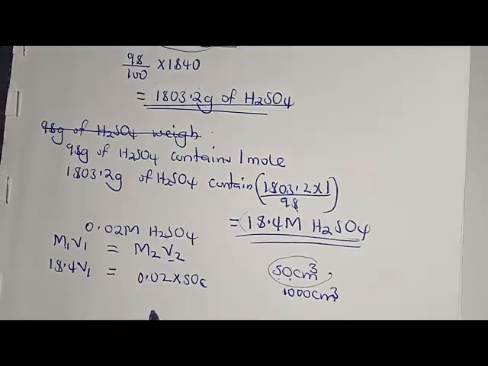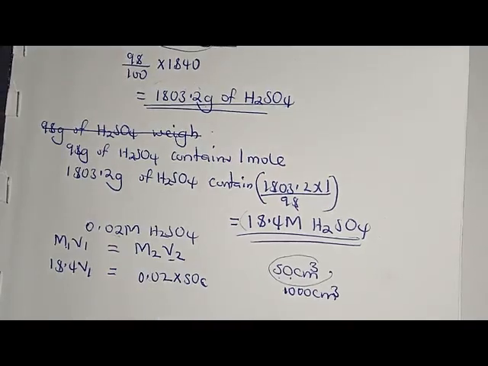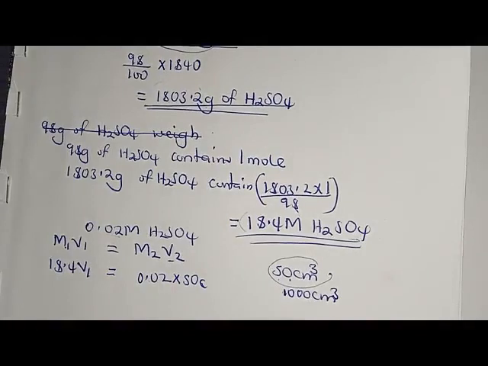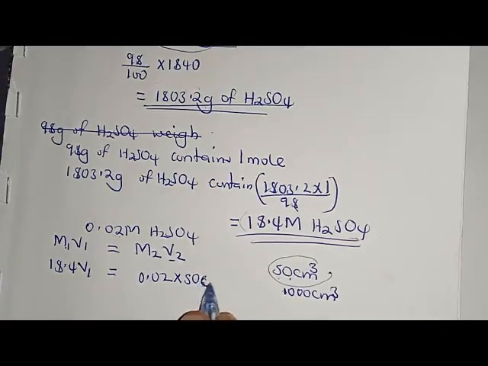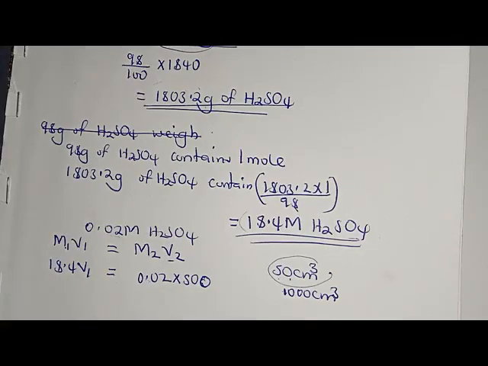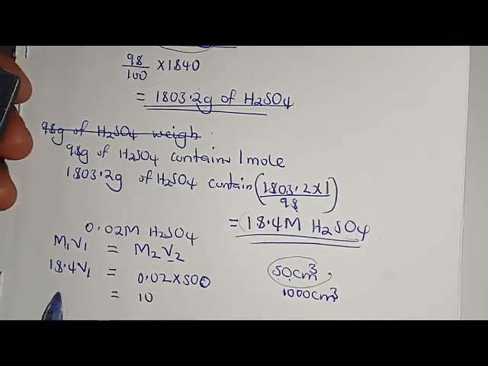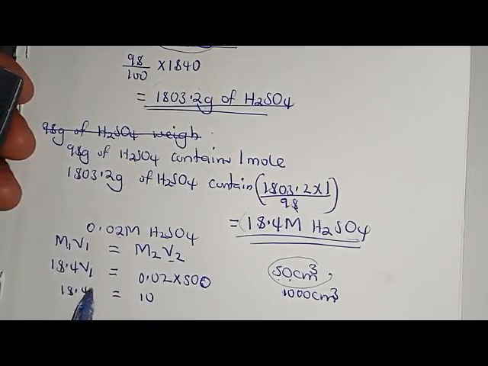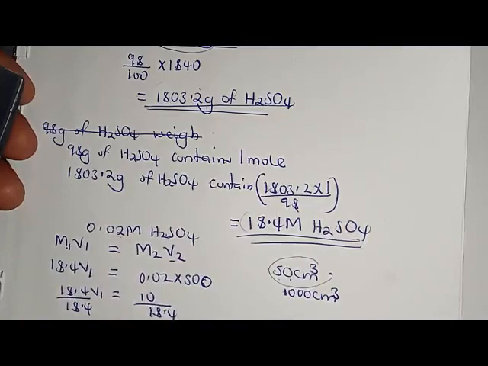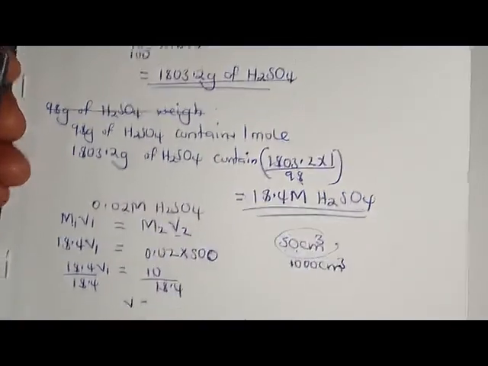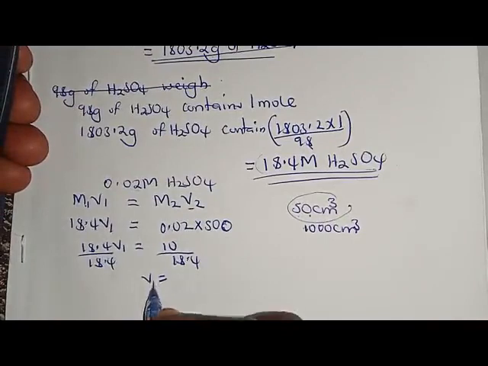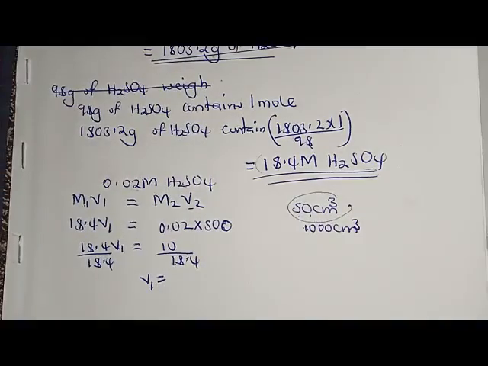So now we want to get it, so we're going to use the calculator. Okay, let me use 500 cubic centimeters. So 0.02 times 500 gives us 10, equals 18.4 V1. So our V1 will be equal to 10 divided by 18.4.